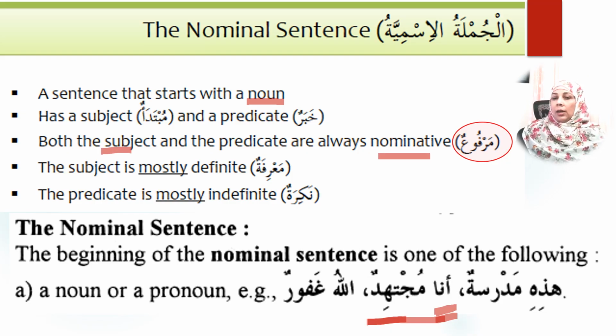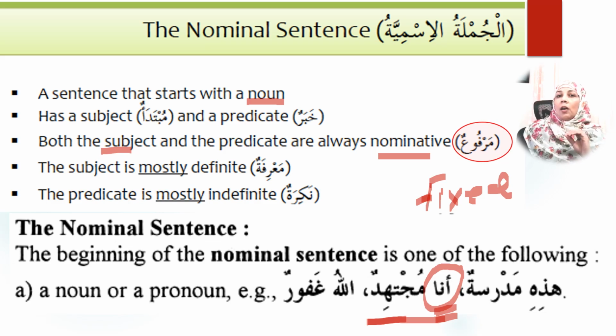Let's observe something about the pronoun ana. It is fixed in shape. What that means is that pronouns are not going to change and show the dhamma, the fatha, and the kasra. They are fixed. In Arabic it's called mabni. But they are still in the position of being nominative.